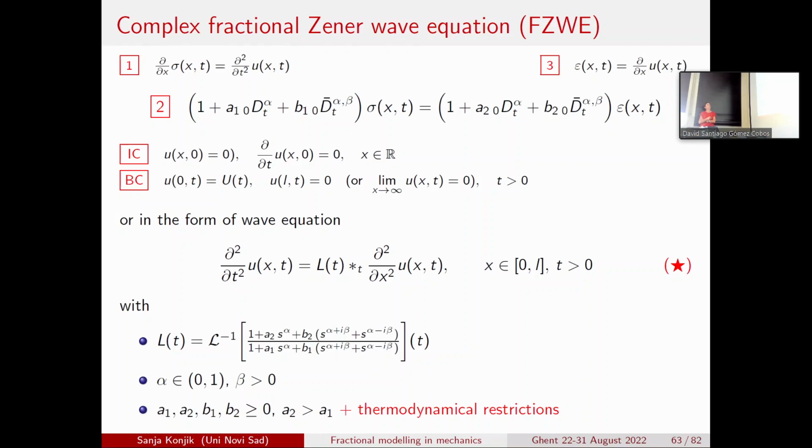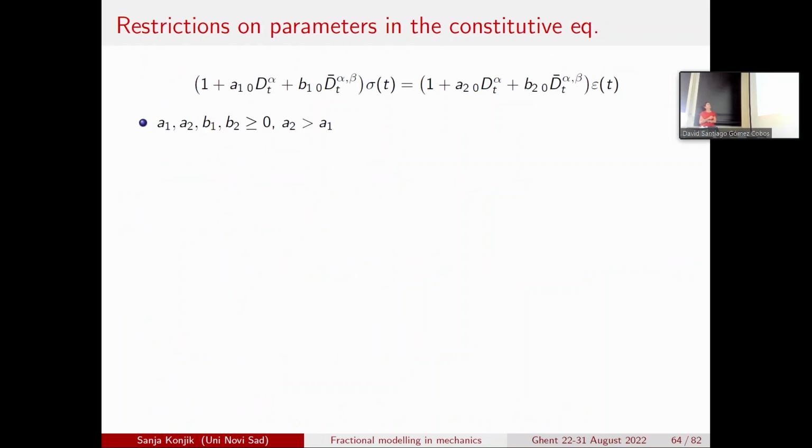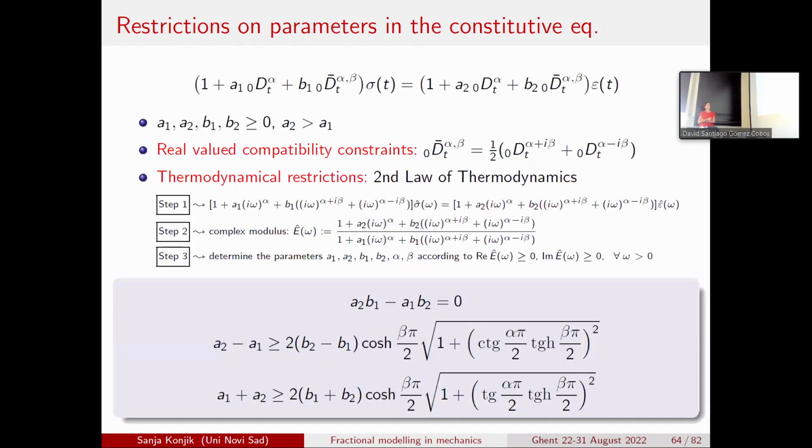We had to derive them for this Zener model, similarly as in the previous case when we studied all possible constitutive equations, and that is given on the next slide. So those thermodynamical restrictions are given by these three relations. The first equation, and you see here that coefficients A1, A2, B1, B2 are related by this equation, which means later on when we will be studying numerical examples, we just arbitrarily choose three coefficients and the fourth one is determined by this equation.